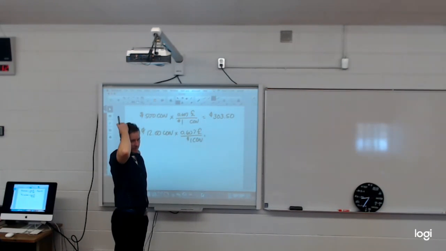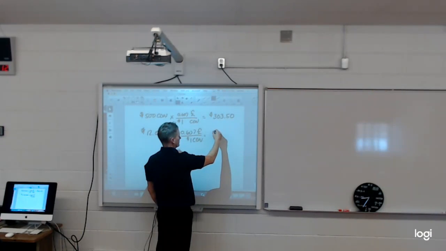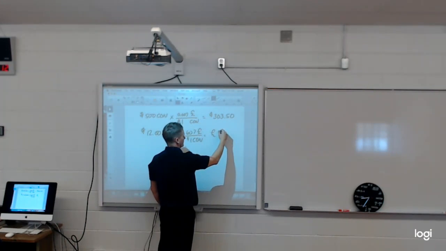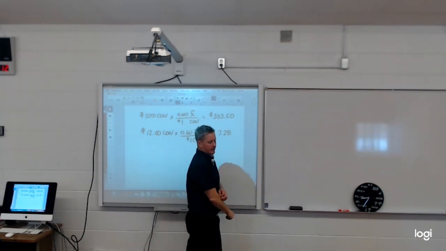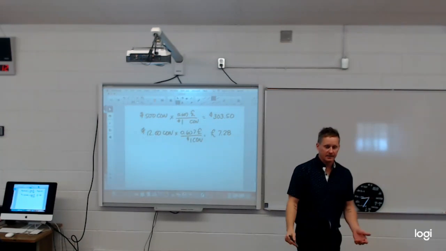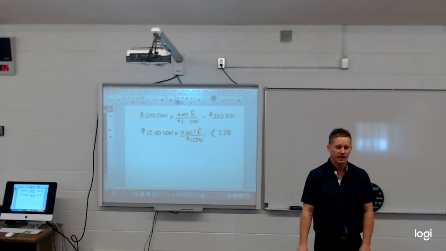Take 12 times 0.607. 7.28, like 28 cents. Okay, so if it was 12 British pounds or $12 Canadian, which is the better buy? $12 Canadian, right?